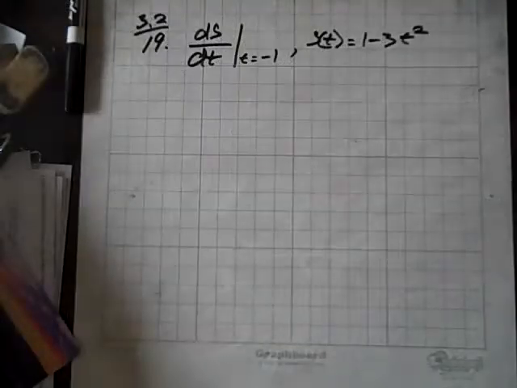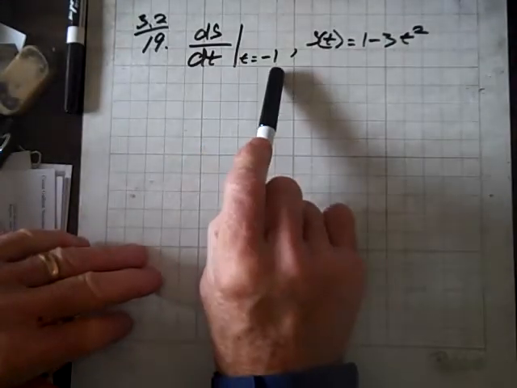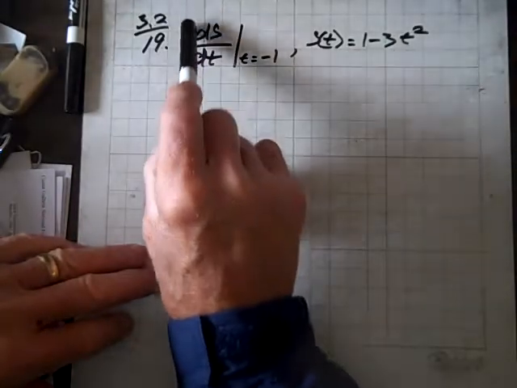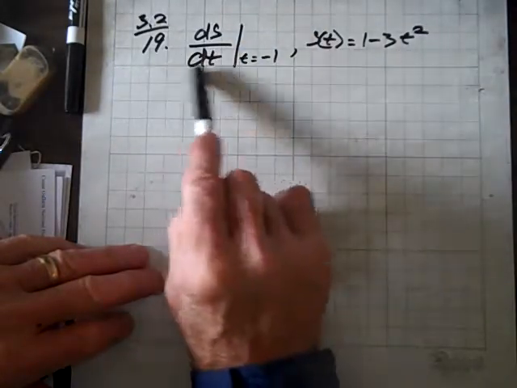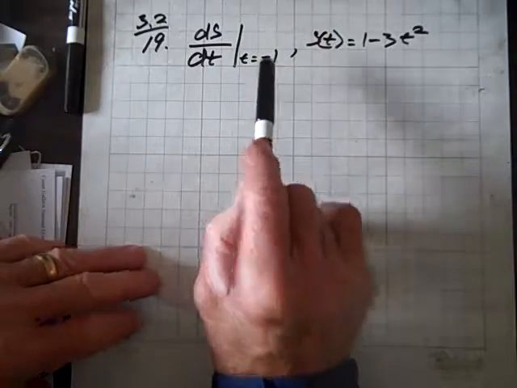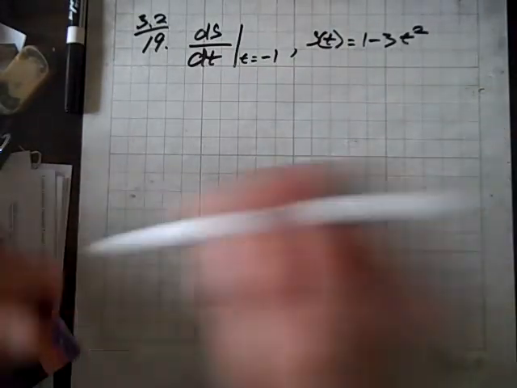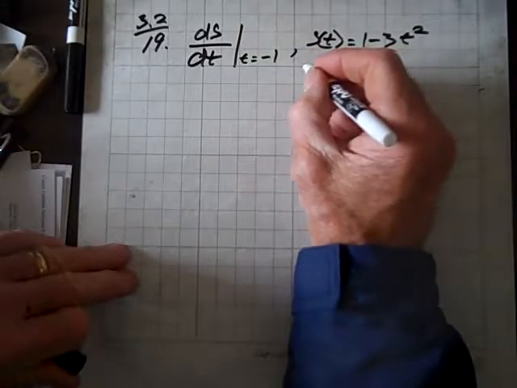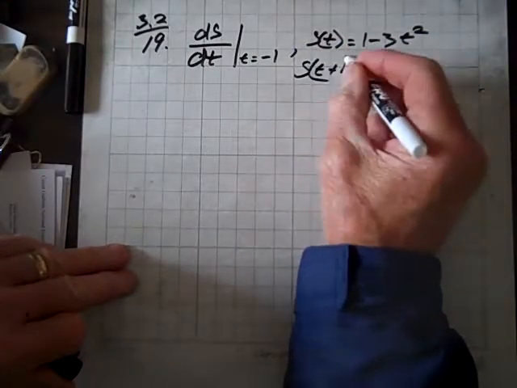So now we're doing question 19. We have to find the value of the derivative at t equals negative 1. This is just another form of notation, means the very same thing. Just find the value of the derivative for t equals negative 1. Well, there's our s of t. Now we have to find s of t plus h.